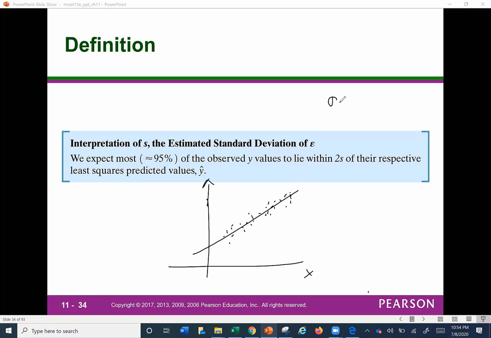If you plot all pairs of y and x in the population in this graph, 95% of all points will be inside 2 standard deviations.